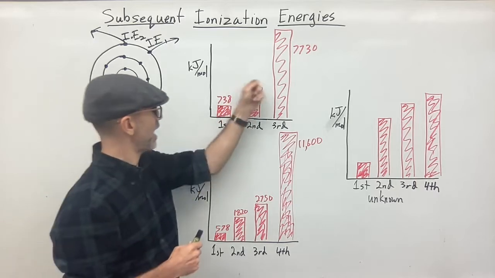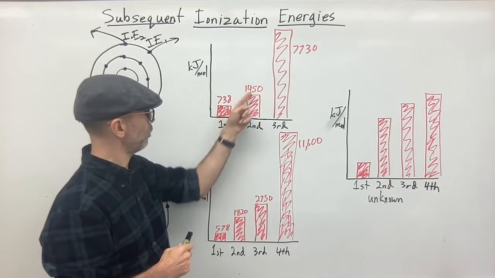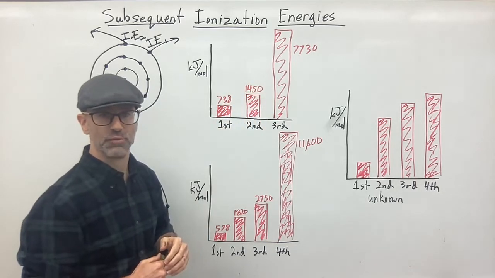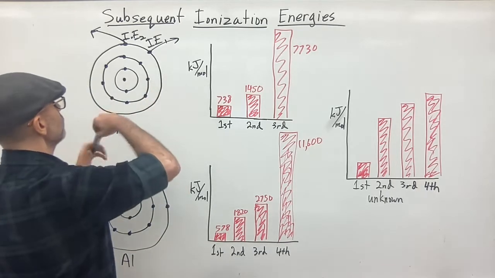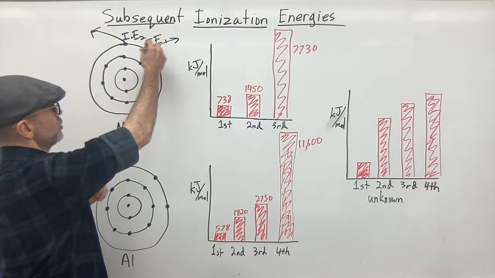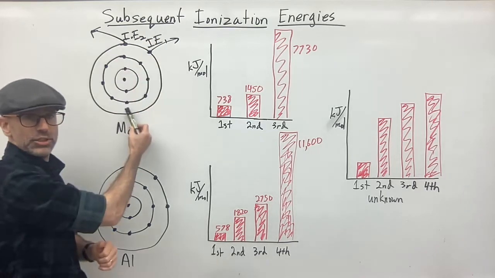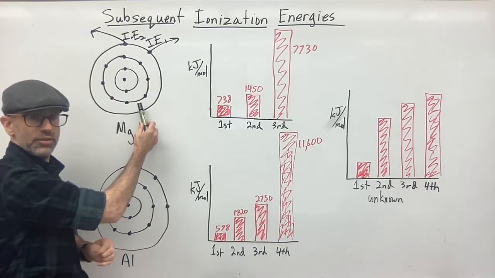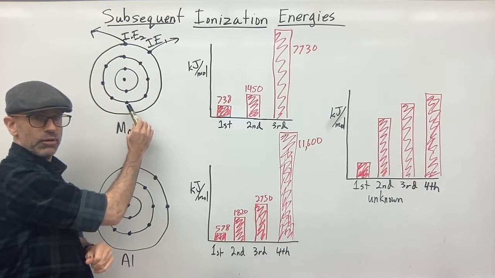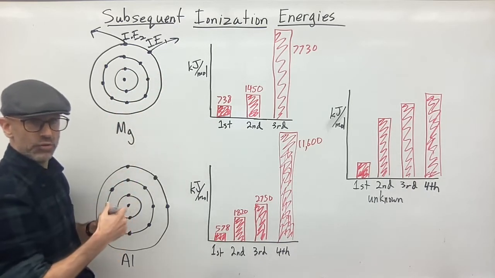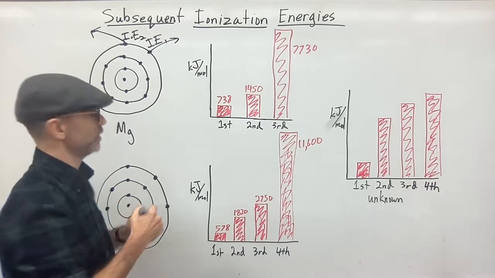So here we have about double the amount of energy it took for the first one. Then we have both of these electrons removed. Now we're going into the core electrons. We're going to the next lower energy level, and we remove one of those electrons. That would be the third electron.